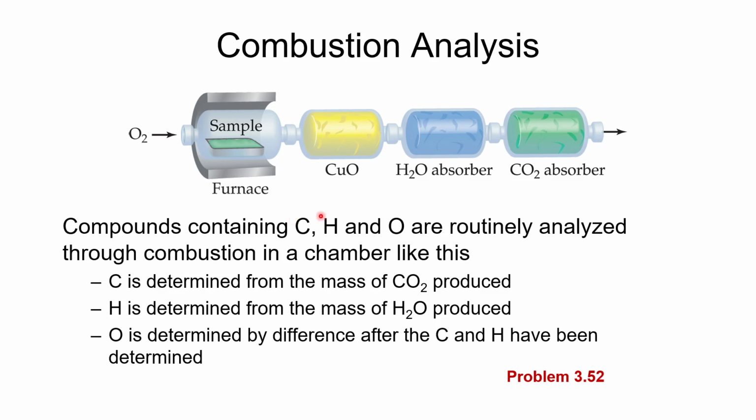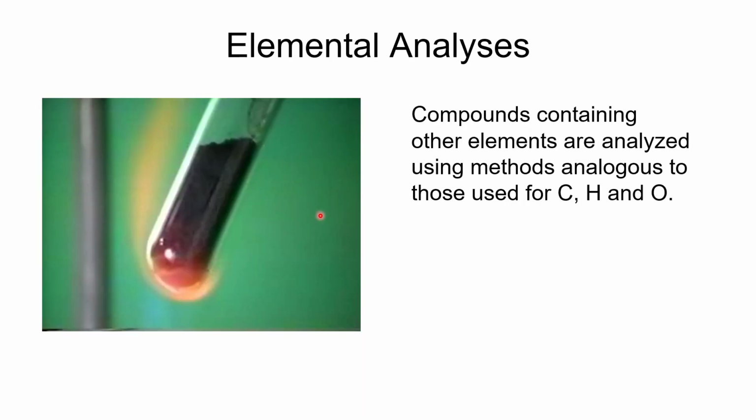But there are a whole bunch of different techniques for figuring out how much of each element is in a particular compound. And usually, or always, what it involves is getting either the moles of each element or something that is proportional to the moles of each element. And so sometimes that involves taking it and burning it, like we do with combustion analysis.